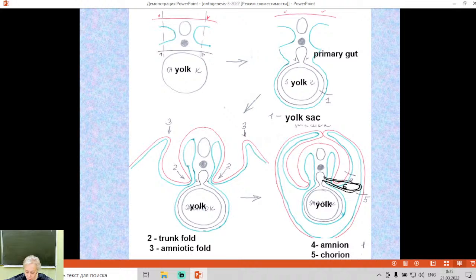Along the mesoderm of the allantois, blood vessels of the embryo grow into the chorion, forming a special system, the allantochorion. And you can see blood vessels of the embryo in the chorion due to the mesoderm of the allantois.